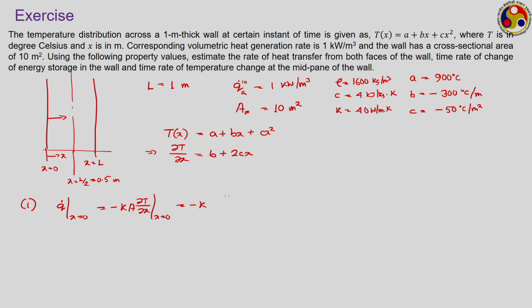That is minus k into the area, both constant as per the given problem, into ∂T/∂x, which is given as B plus 2Cx at x equal to 0. Putting x equal to 0 just leads to minus kAB. In the given problem, k is equal to 40, the area is 10 meter square, and B is given as minus 300.